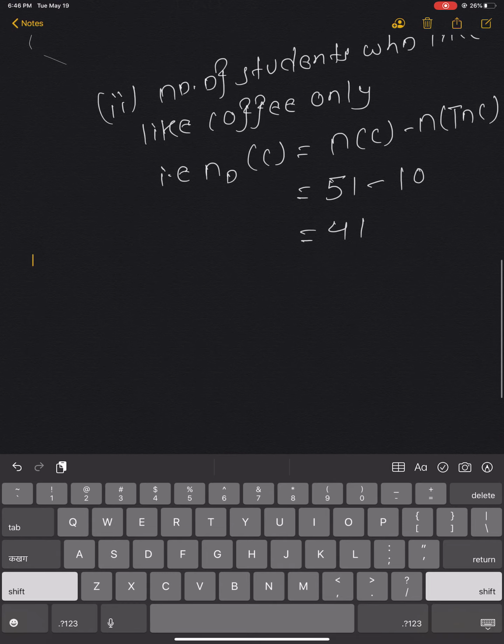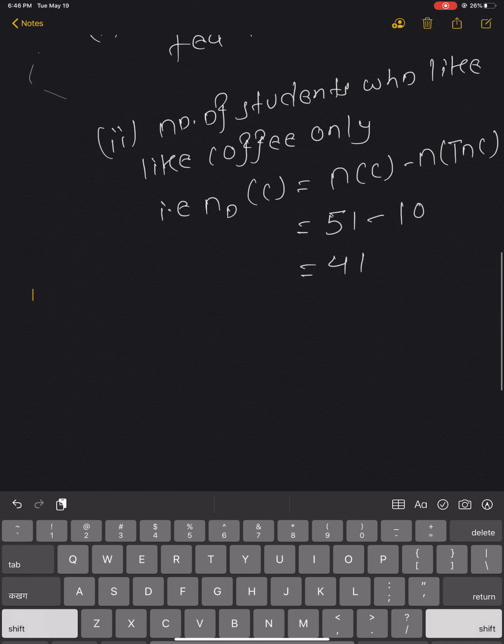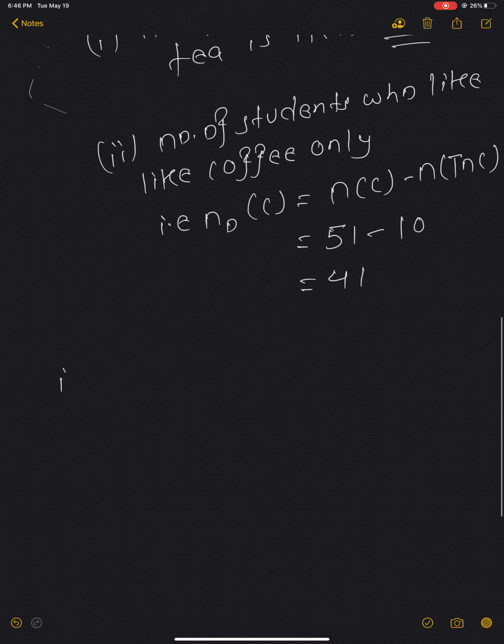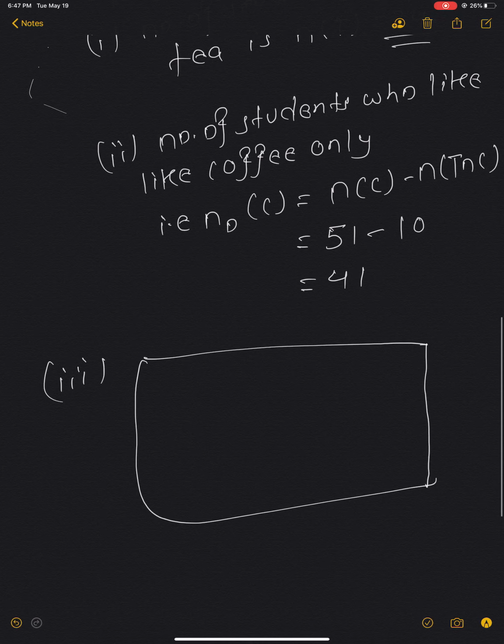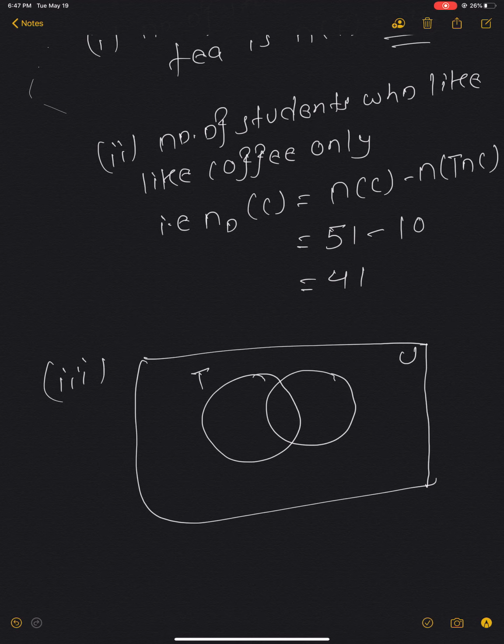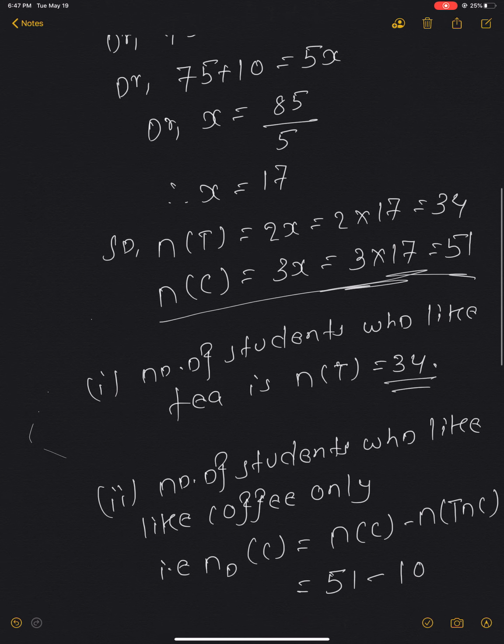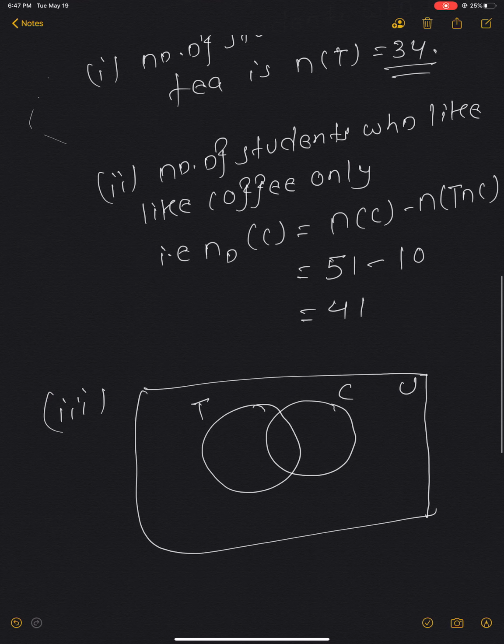So now let's draw the Venn diagram. Write U, then two circles. That is your T, that is your C. Here we are given the intersection as 10, right?